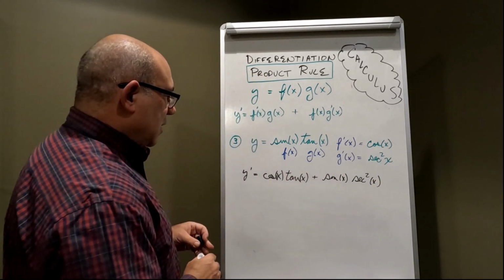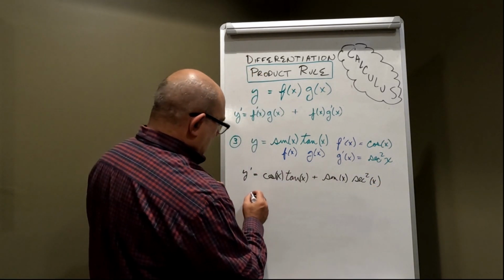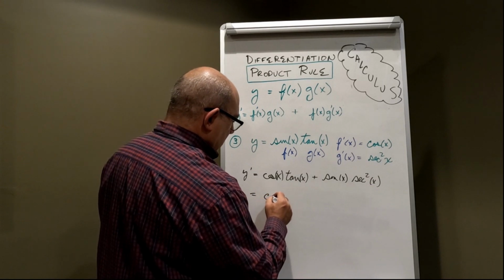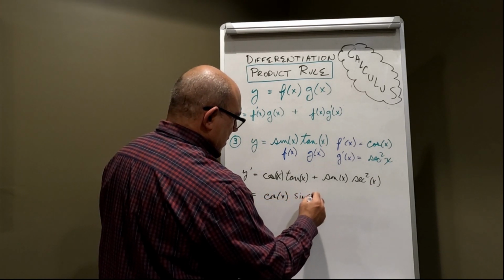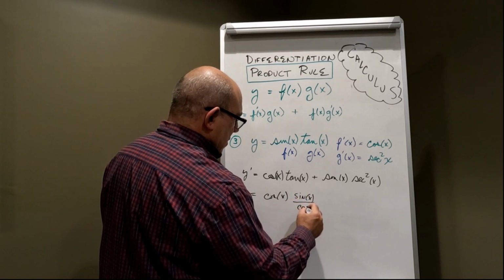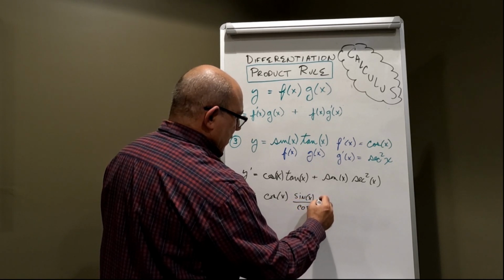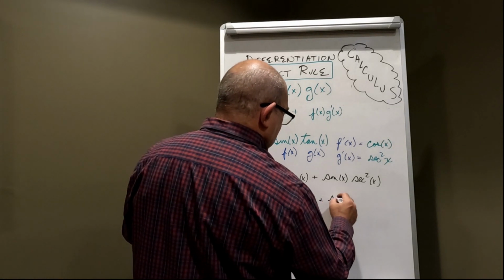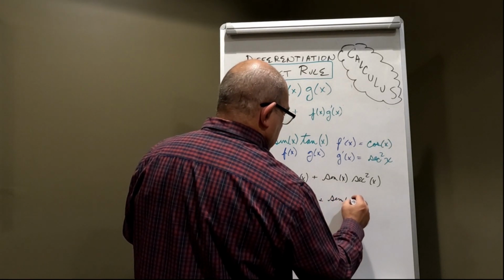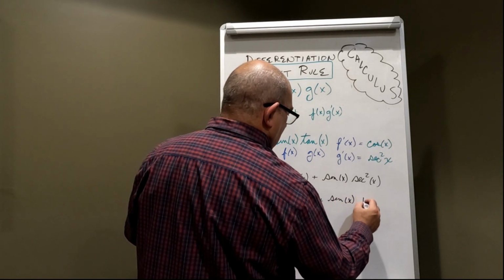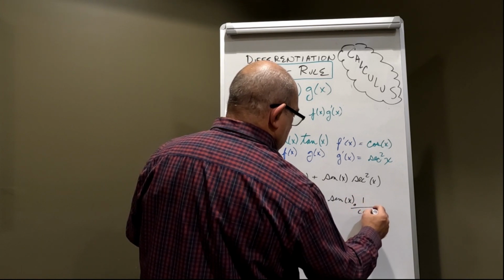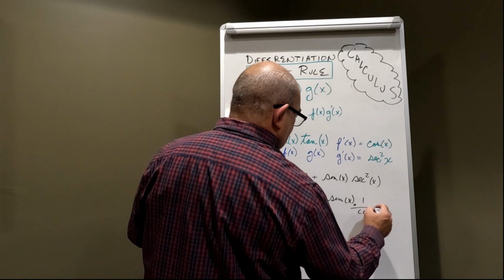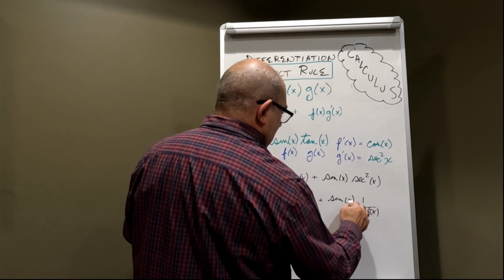And so we can do a little bit of simplification. This equals cosine x times sine x over cosine x plus sine x times 1 over cosine x times 1 over cosine x, cosine squared x, sorry about that.